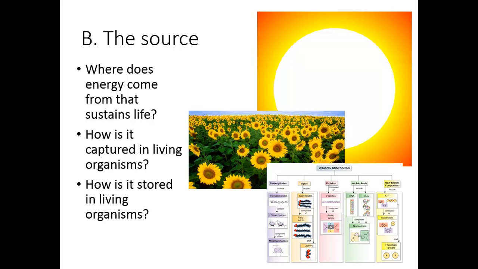And it's stored in living organisms in our 4 macromolecules, our organic compounds: carbohydrates, lipids, proteins, and nucleic acids. And then we also have ATP, which is how we use it. And that is the answer to the last question. And how is it used in living organisms? Through the conversion of ATP to ADP. And we'll talk more about that later.